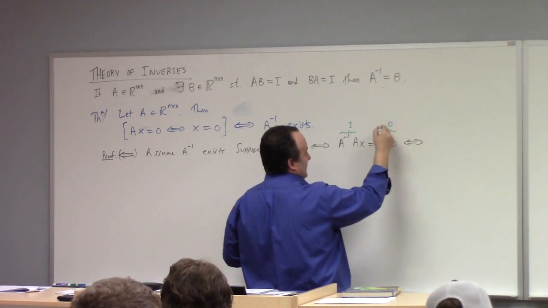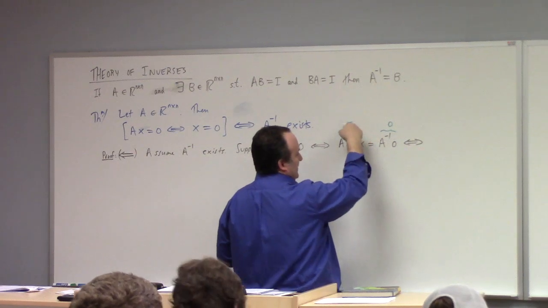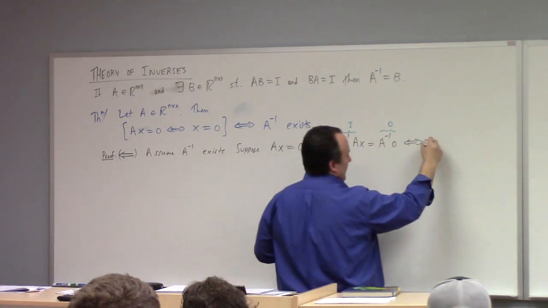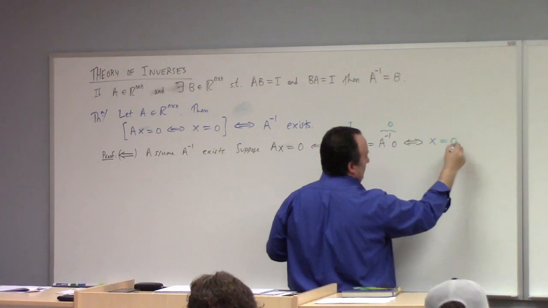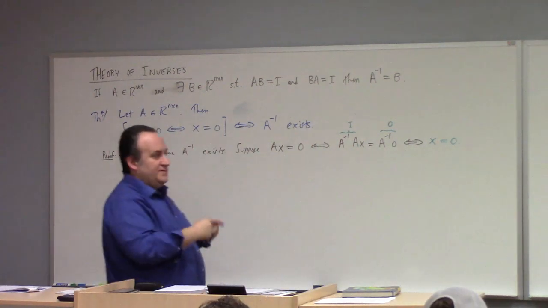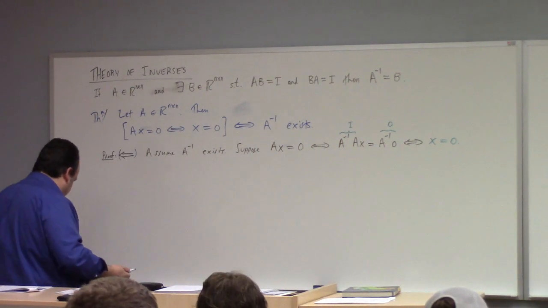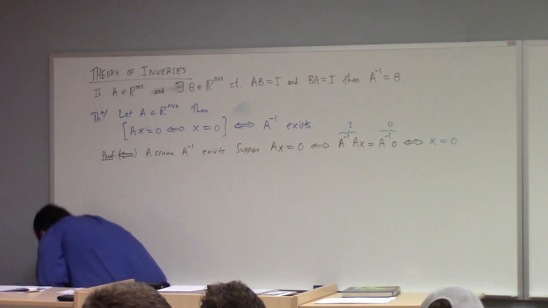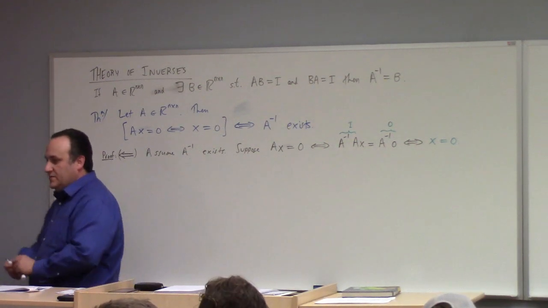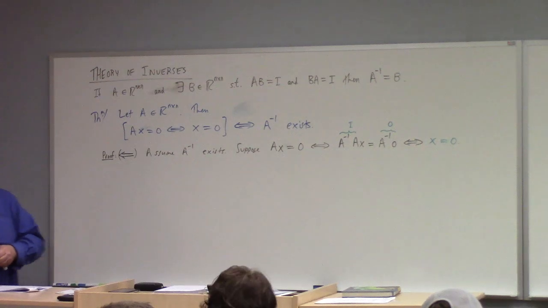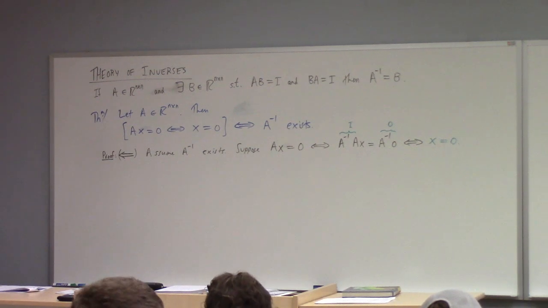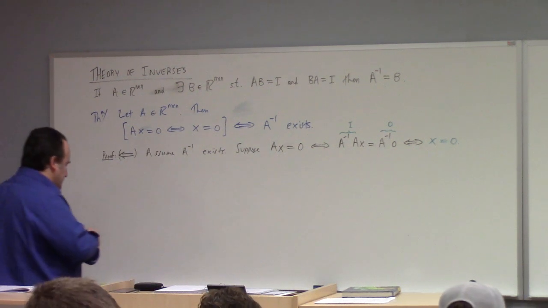This is 0. Any matrix times 0 is 0, right? So we have the identity matrix times x, so what we have then is x equals 0. So this shows you that if the inverse exists, then the only solution to the homogeneous equation is simply the 0 solution. Simple as that, all right?